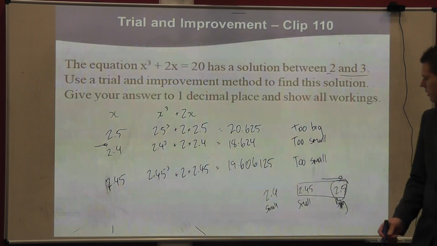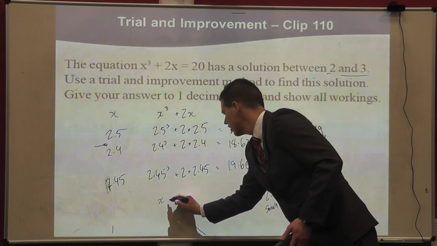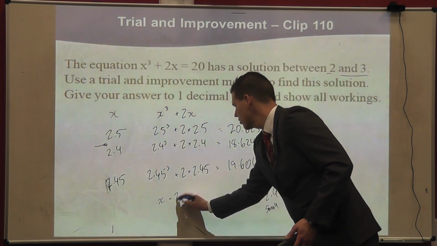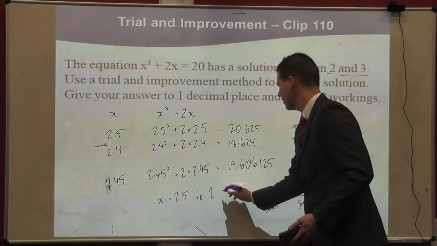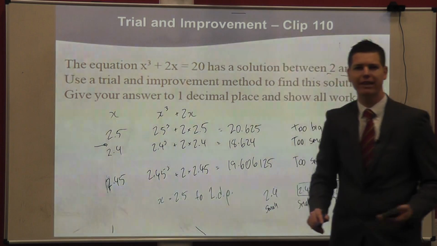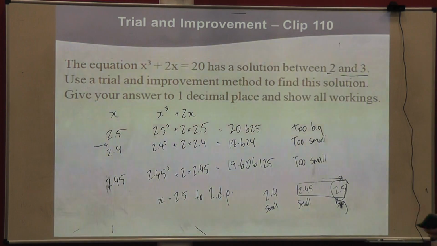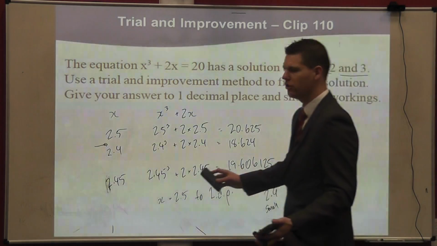So that's small and that's big, so it's somewhere in there. So x is 2.5 to 1 decimal place. I'll just write DP to stand for decimal place. Done? 4 marks. So we take our 22, we're now on 26 marks for doing those skills.